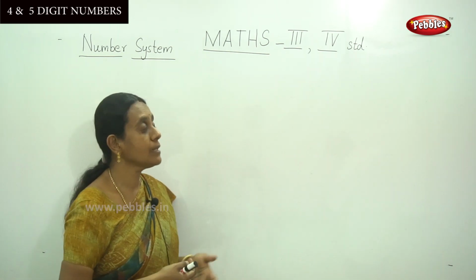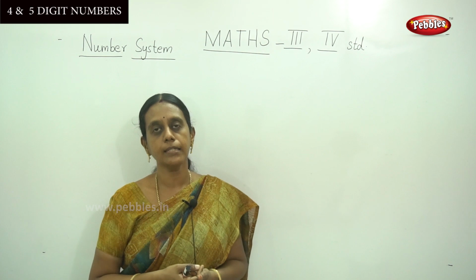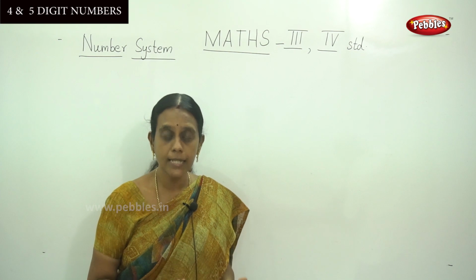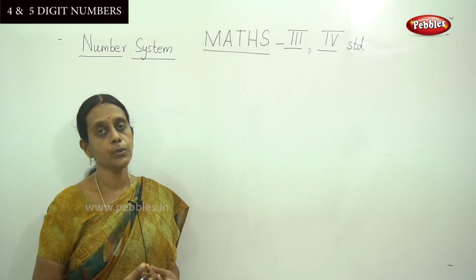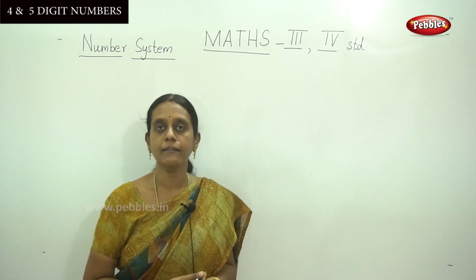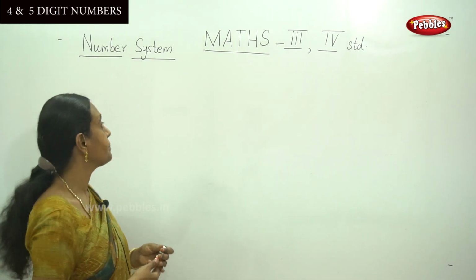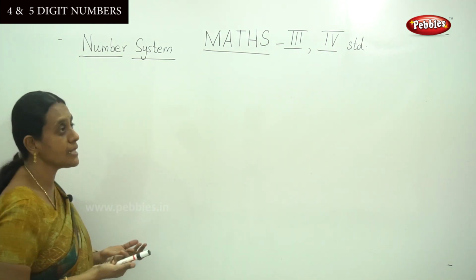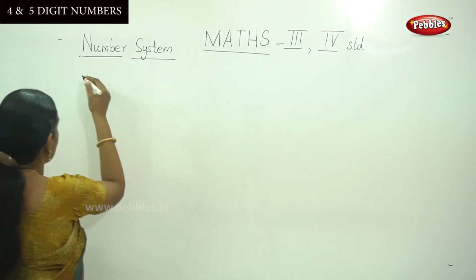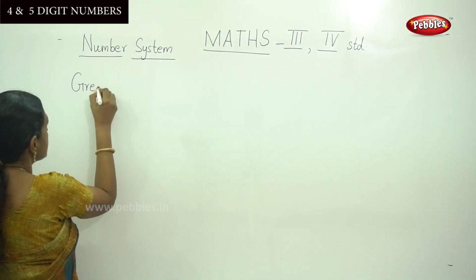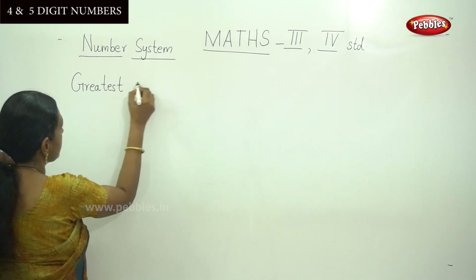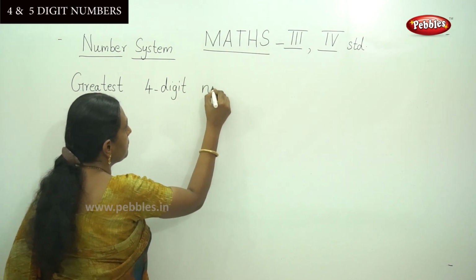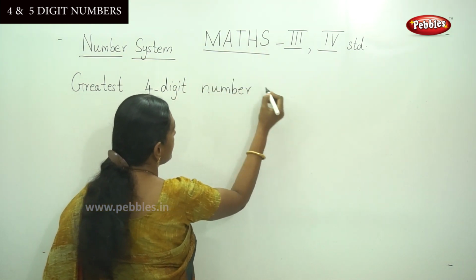Let me explain for 4th standard. You have to learn 5-digit numerals, how to write and how to read the numbers. Let me see with examples. This is our 4-digit number, the greatest 4-digit number that we have already discussed.